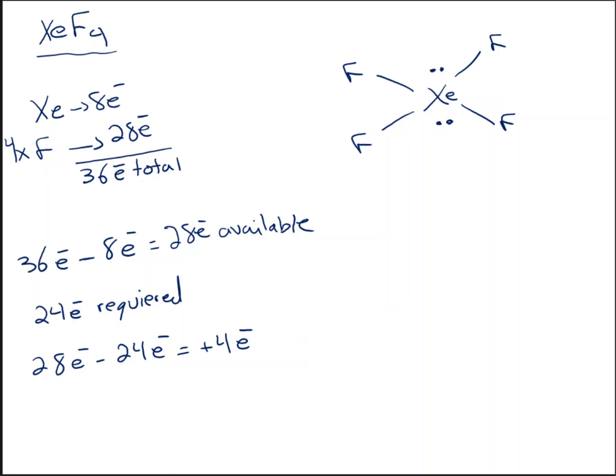Now, we have 36 electrons total, and we have already used 12. Now, 14, 16, 18, 20, 22, 24, 26, 28, 30, 32, 34, 36.